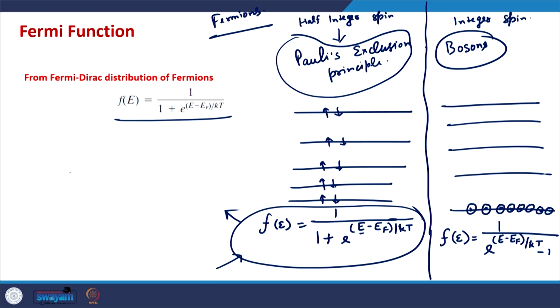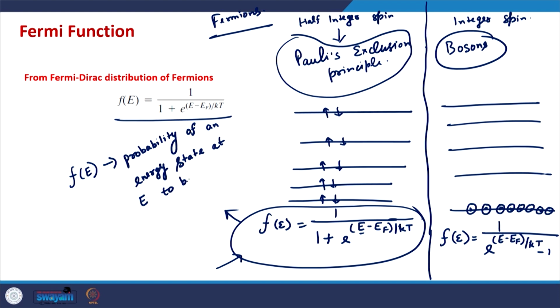The Fermi Dirac distribution function f(E) intuitively means the probability of an energy state at energy E to be occupied.